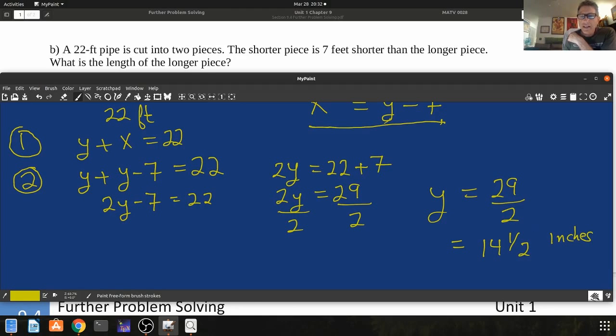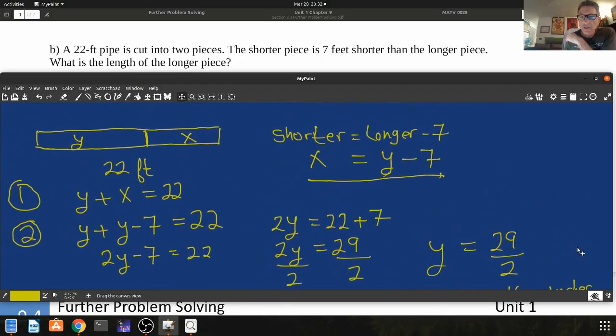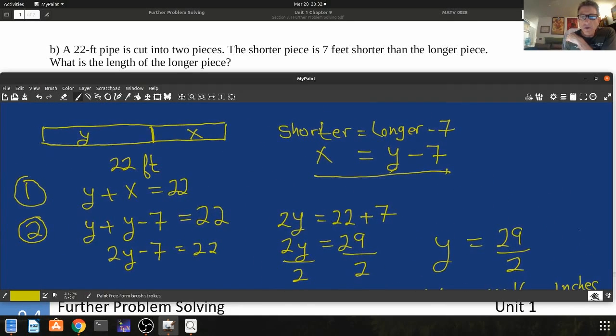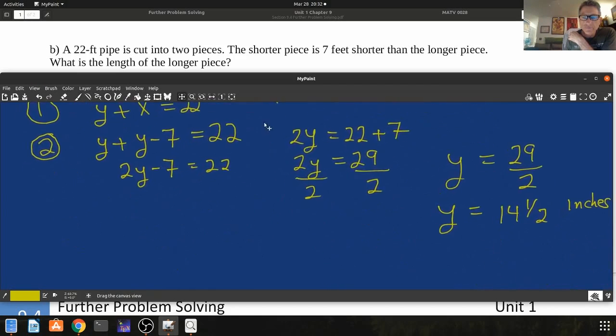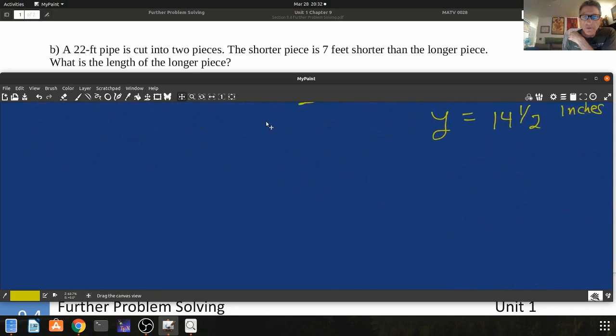So that's the length of y, and y is the length of our longer piece. We can see that by looking right here, and I designated y to be the longer piece. So that's how you do that one. So let's do another one.